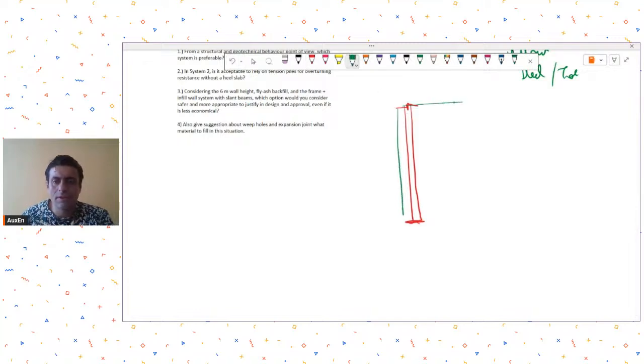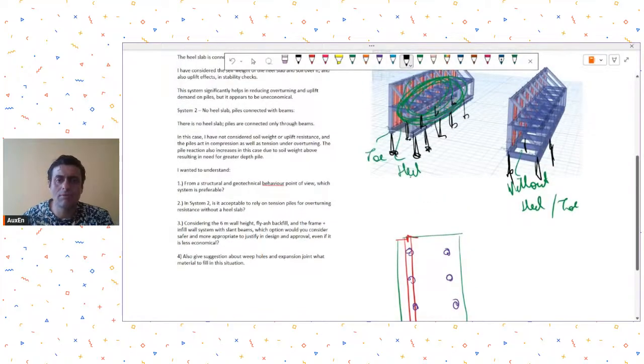Something like this, and then there are piles in plan that have been provided, I think one below the wall, one slightly away. Something like this, and then tie beams, tie elements have been provided.